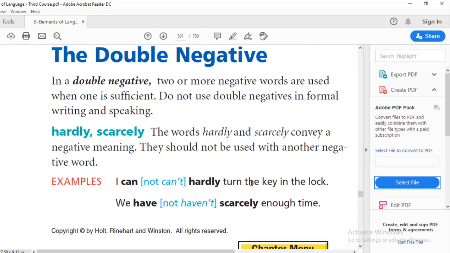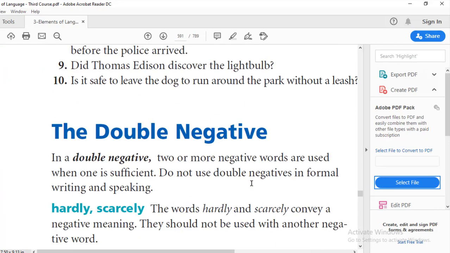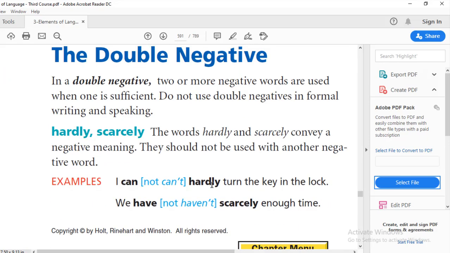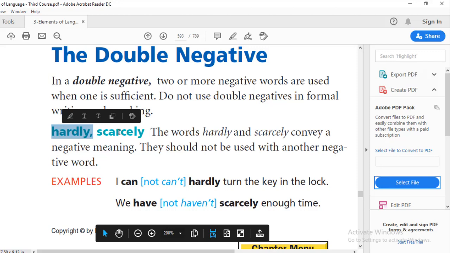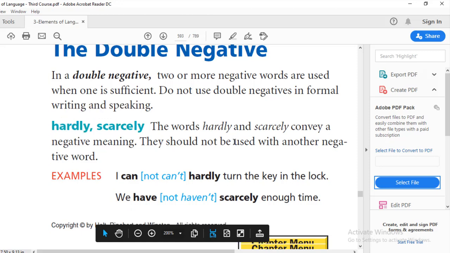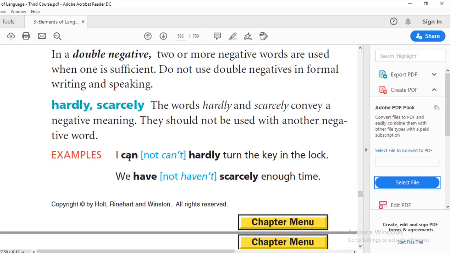Yeah, and we've mentioned before the double negatives. Like I told you, don't use the words hardly and scarcely with another not. For example, look at this sentence. Don't say I cannot hardly turn the key in the lock. So you cannot use two negatives. These are two negatives. The same here, scarcely and haven't are two negatives. So can we use two negatives in the same sentence?